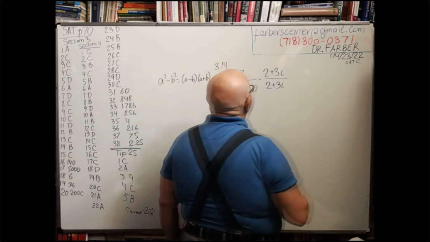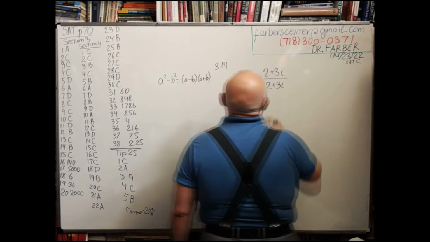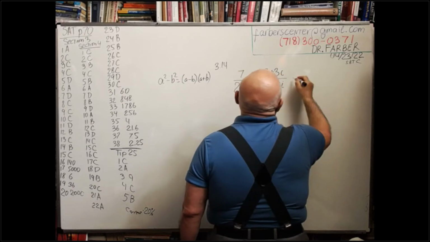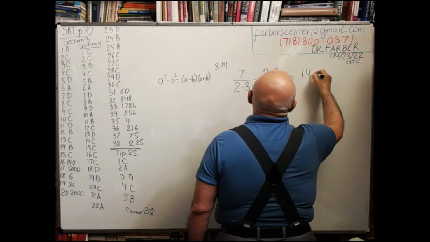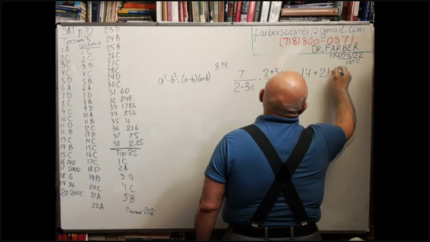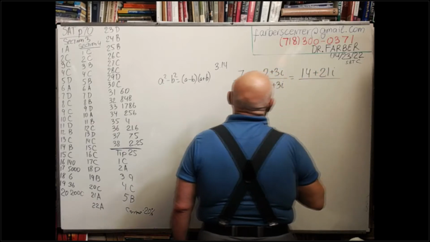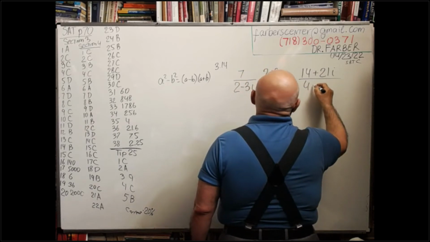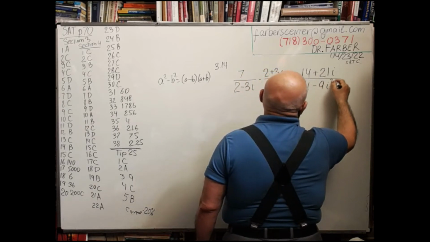If I multiply the numerator, I will have 14 plus 21i. In the denominator, 4 minus 9i squared.